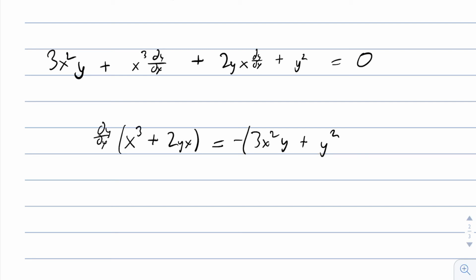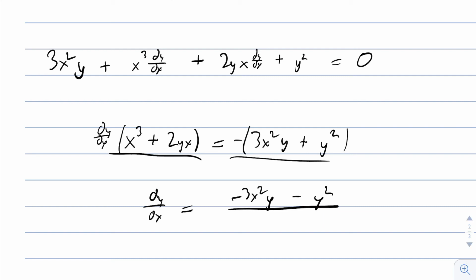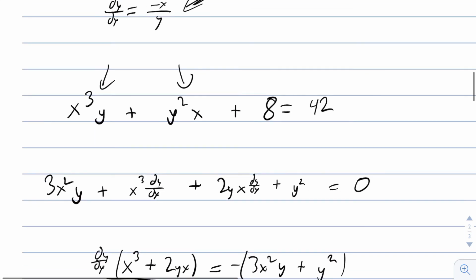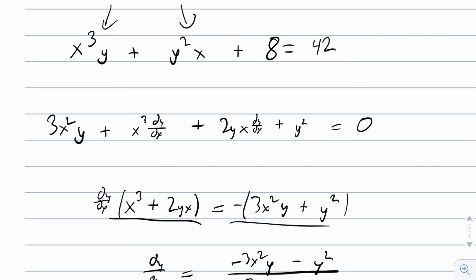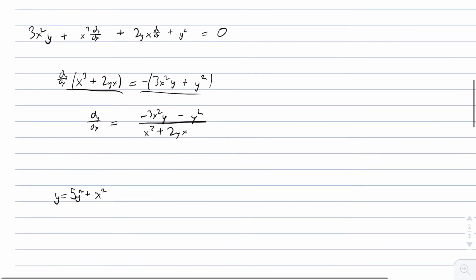And this should all be negative. And now we can just divide: dy/dx equals negative 3x squared y minus y squared over x cubed plus 2yx. And I'm just checking to make sure that I did it correctly. Alright, yep, I did it correctly.